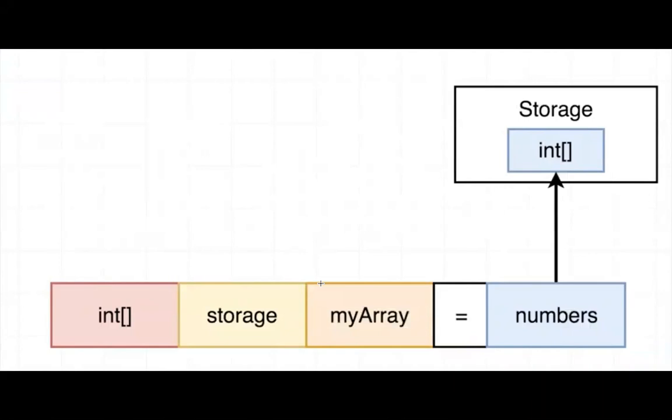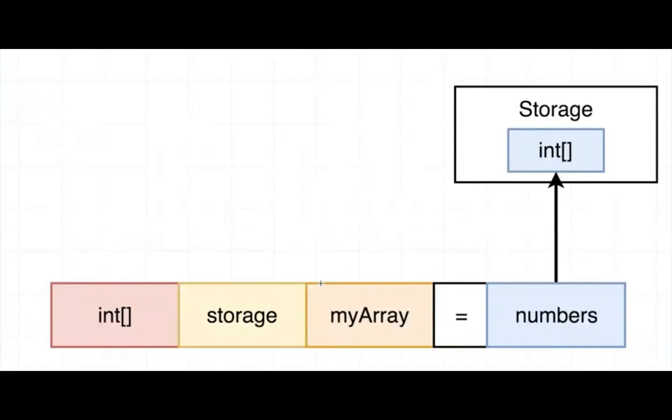So here's the interesting part. When I use the storage keyword, it changes the way in which the new variable called myArray works. The storage keyword changes how a variable works. The keyword storage makes the variable point directly at the exact same location as the numbers variable is pointing at. The myArray variable will be pointing to the exact same array.